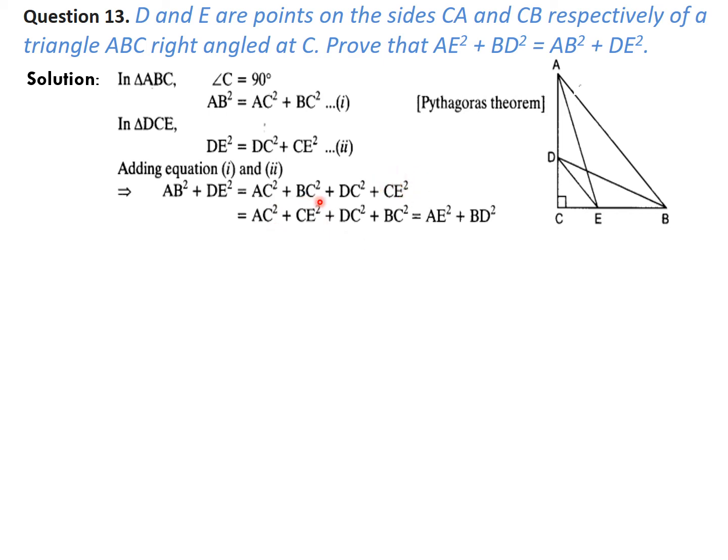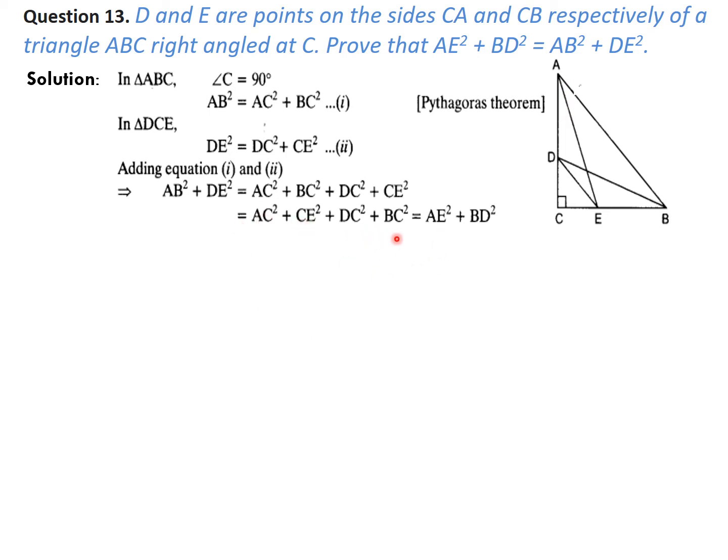Remaining are BC square and DC square. So we'll write that together. So BC square is this and DC square is this. So if we take AC square plus CE square, by Pythagoras theorem, that will be equal to the hypotenuse AE square. So instead of this, we can write down AE square.